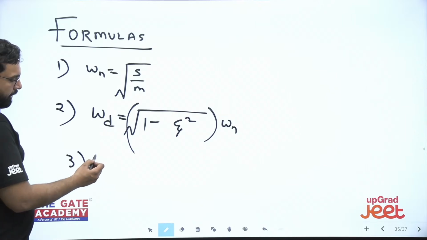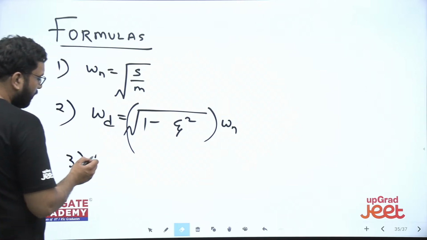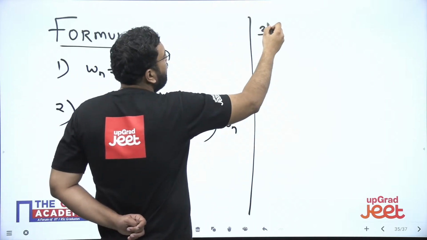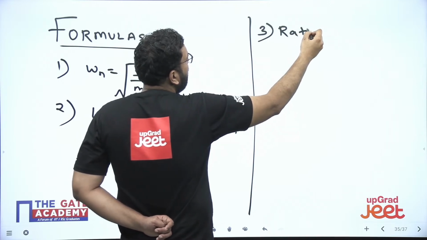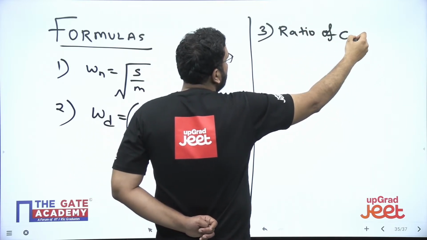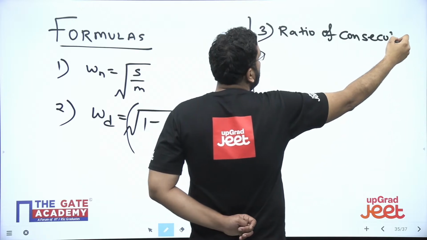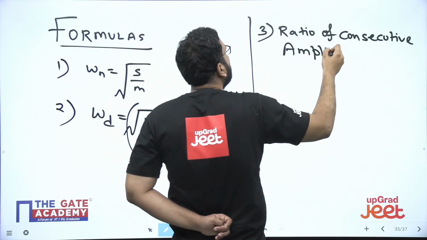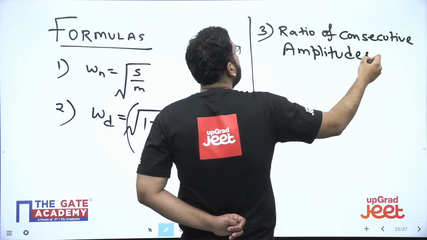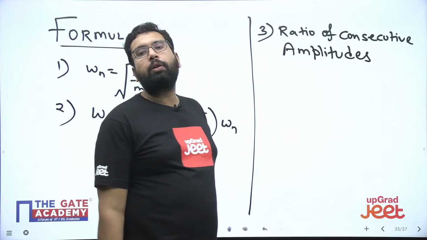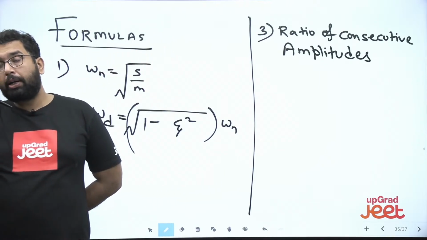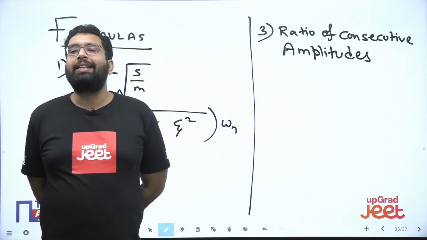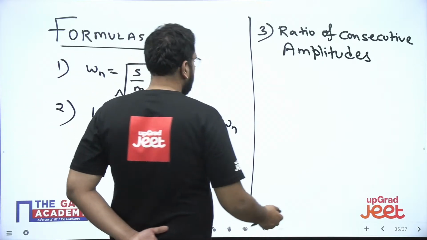The third formula is very useful also. The third formula is the ratio of consecutive amplitudes. In the case of underdamped vibration, with respect to time, the amplitudes of the vibration decrease.